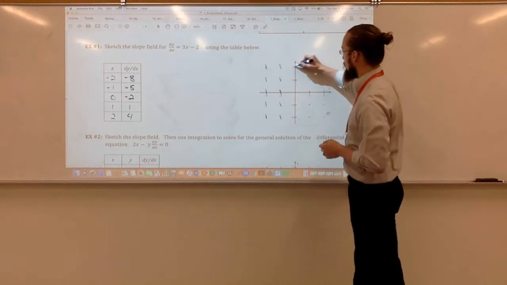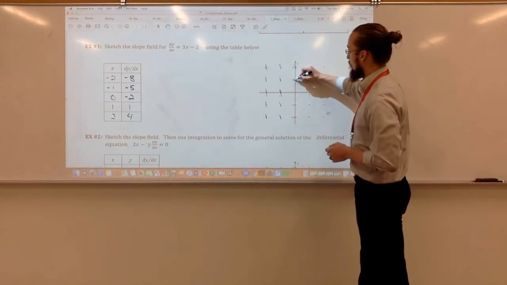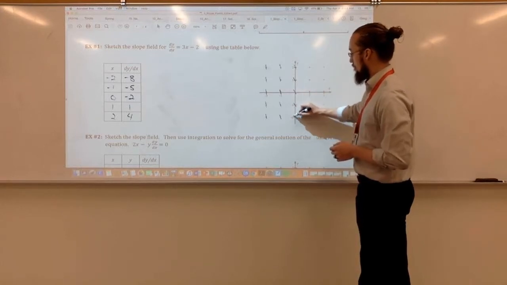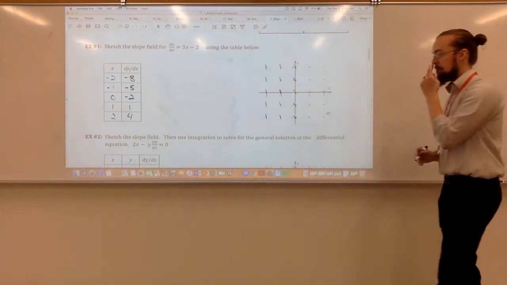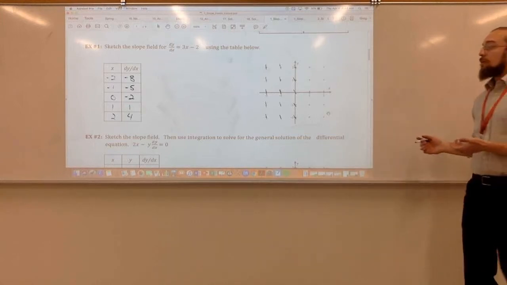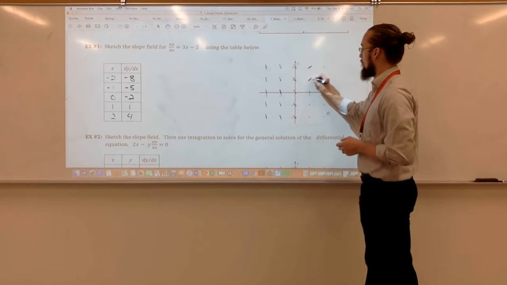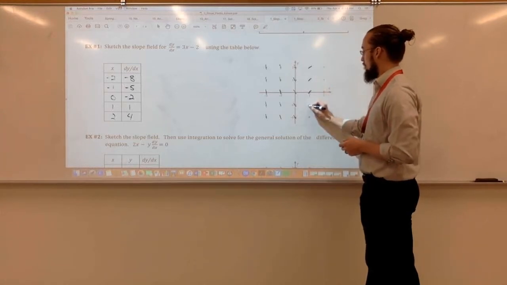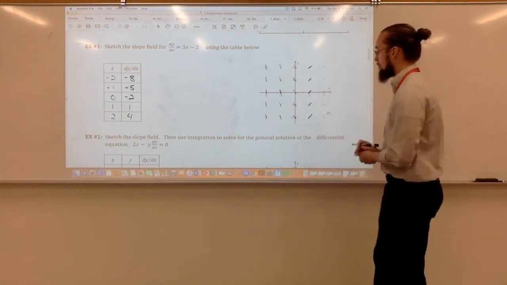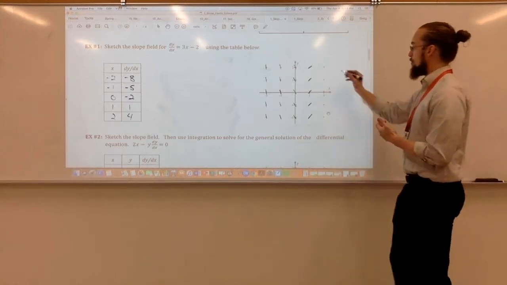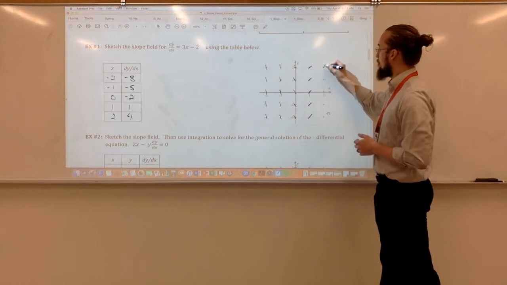That one's a little bit easier to sketch out, and so something like this. Then at 1, we've got a slope of 1, so that would look something like that. And then at 2, a slope of 4, so that's going to be a fairly steep positive slope.